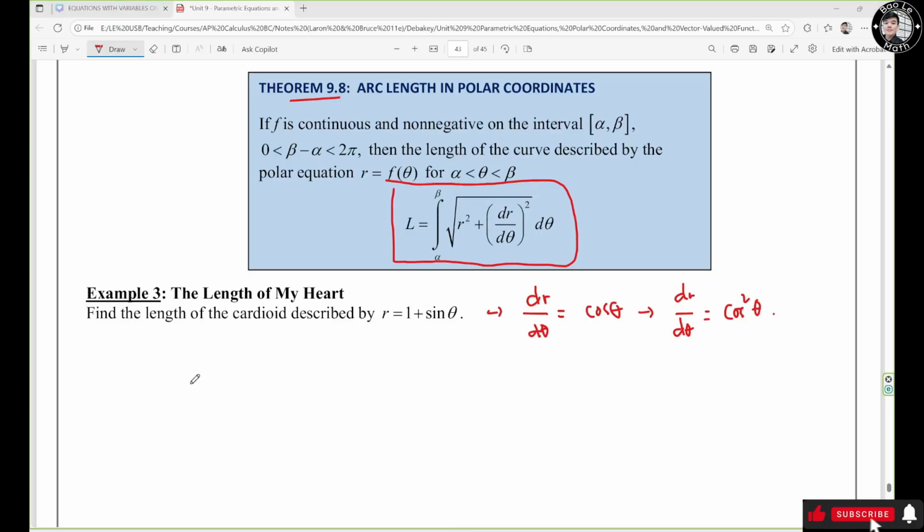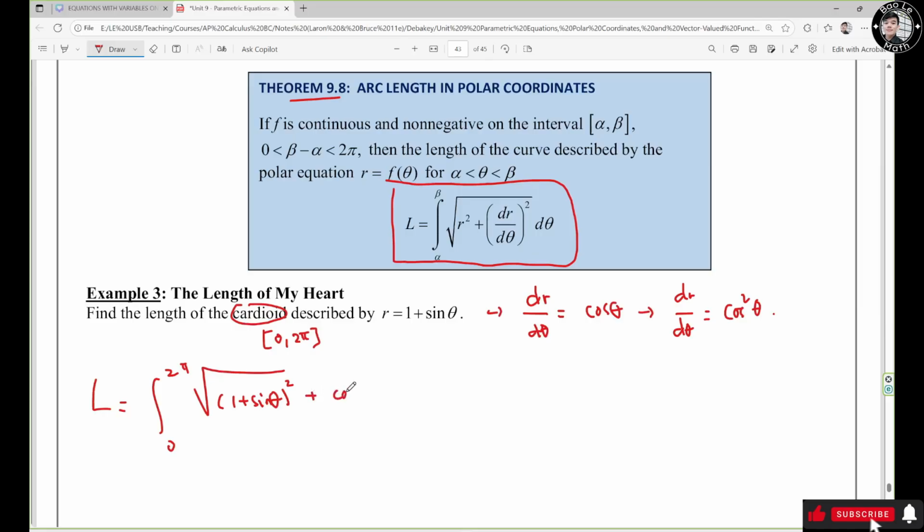Alright, so the arc length of this one is the integral from, suppose the domain of the cardioid right here is from 0 to 2 pi, so you have 0 and 2 pi right here, of the square root of r squared, which means 1 plus sine theta all squared, plus cosine squared theta d theta, right?